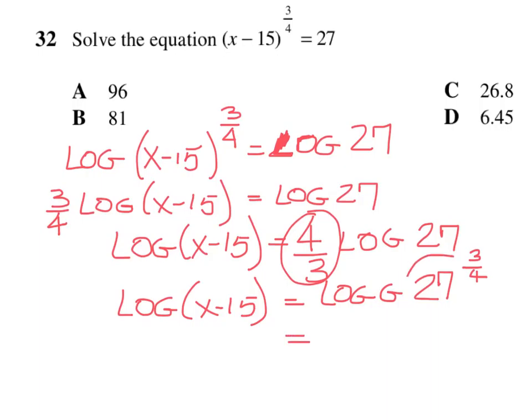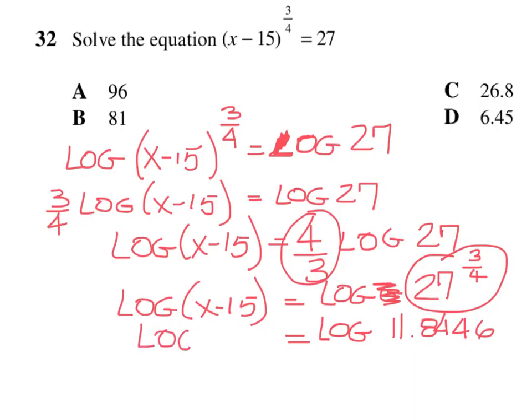If you do this part there, I have 2 logs. I just need one. So you come out with 27 to the 3/4 power is the same as 11.8446, and we'll stop there. So we're going to have that equivalent to this.